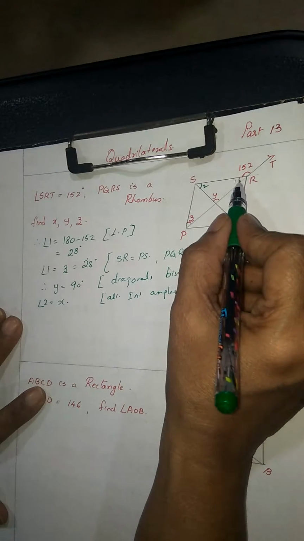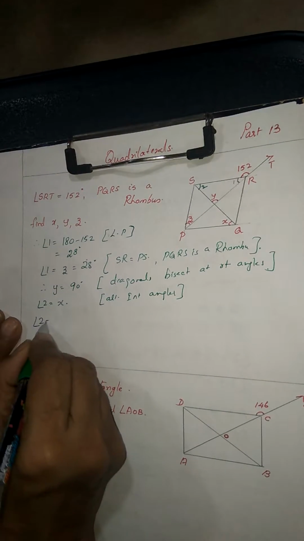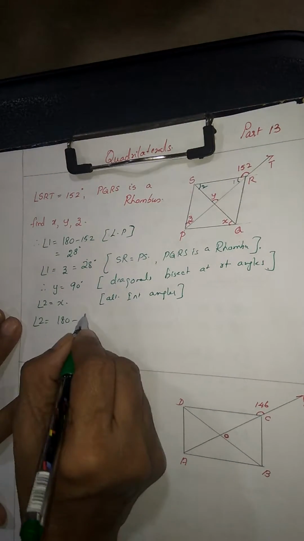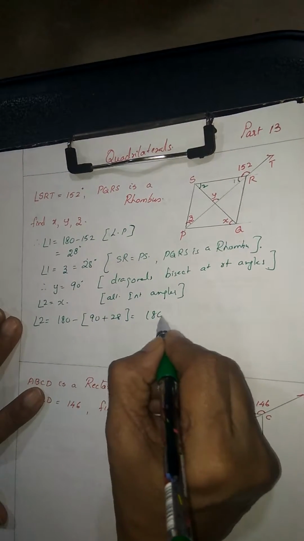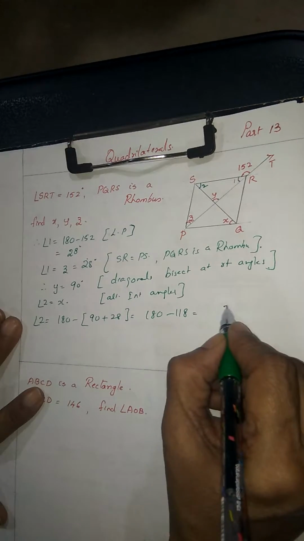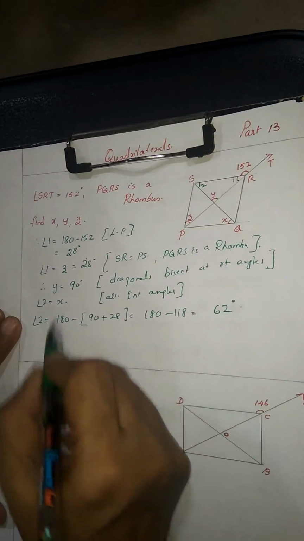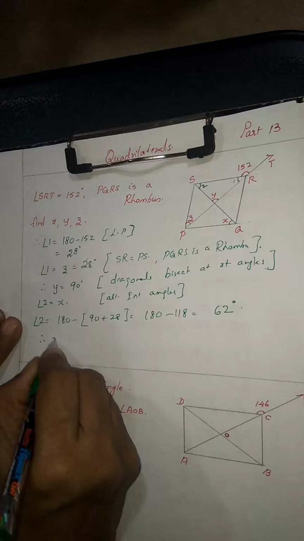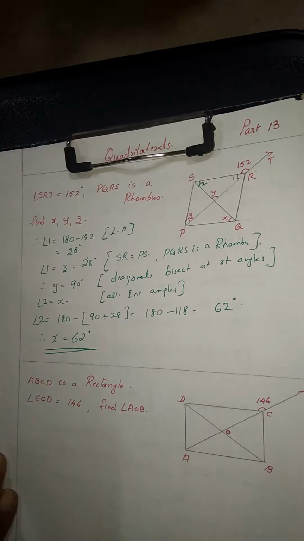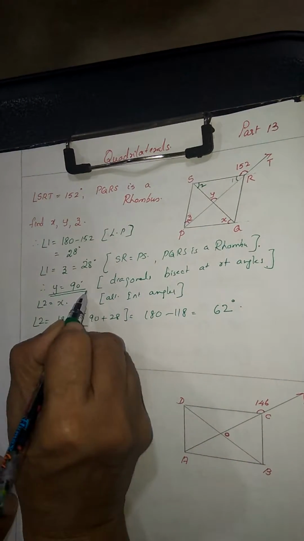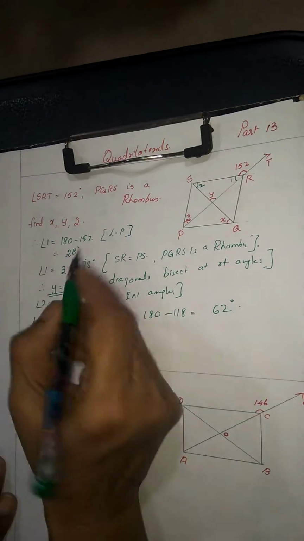Now angle 2 can be found. We already know angle 1 is 28 and Y is 90. Therefore angle 2 is equal to 180 minus the angle sum, 90 plus 28. So 180 minus 118, that is equal to 62 degrees. Therefore angle X is equal to 62 degrees. So Y is equal to 90 and angle Z is equal to 28.